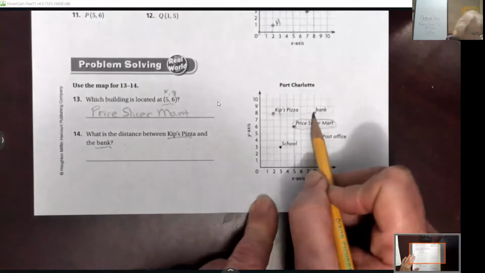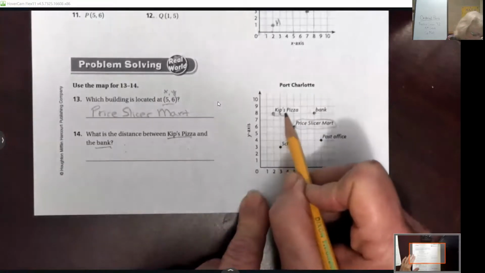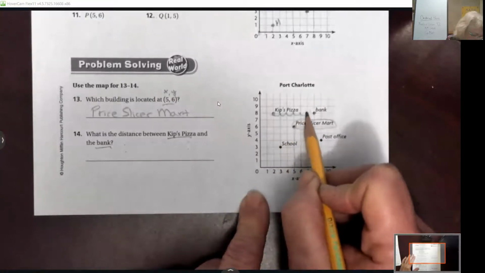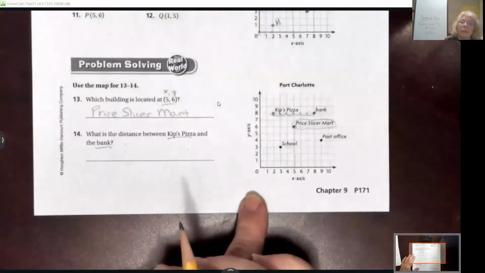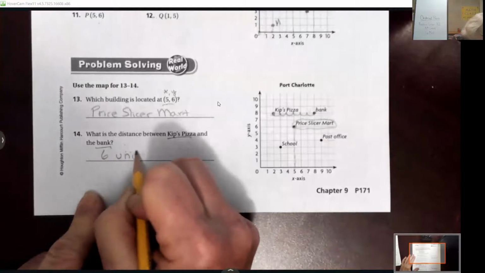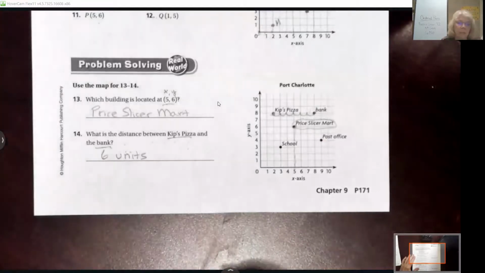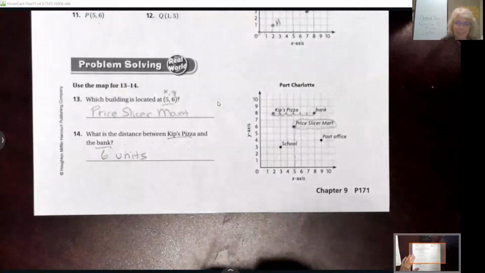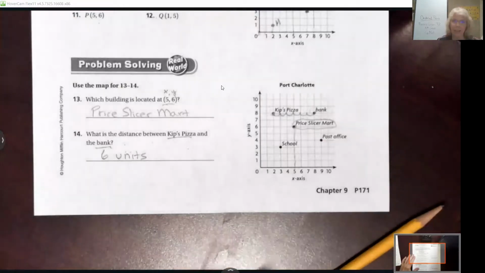So we just count in this case. 1, 2, 3, 4, 5, 6. And we counted 6. We're just going to call them units because we don't know any other form of measurement right here. Okay, and that is the end of 9.2.